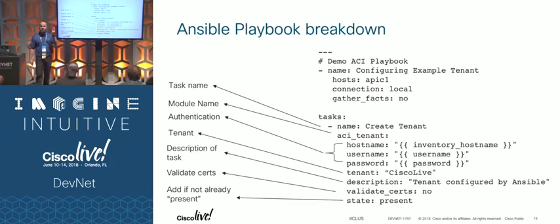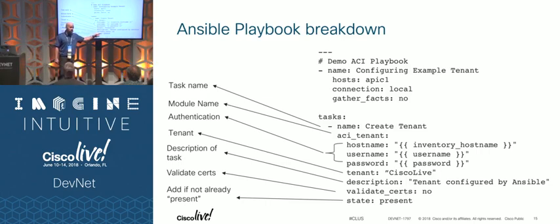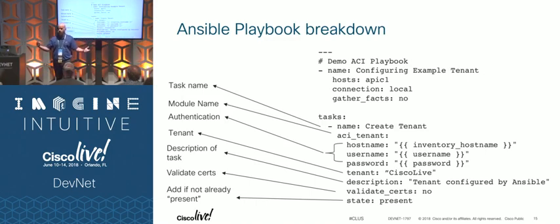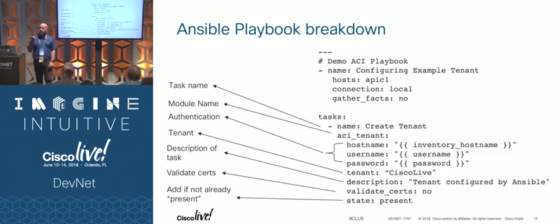Two other states I want to point out that I think you should be aware of that are interesting. One, well, I can configure a state of present to configure things, then I must be able to configure absent to remove it. So if I want to remove this Cisco Live tenant, I can specify the state of absent, and it will remove that configuration. The other interesting thing that you can do with state with Ansible modules is query.